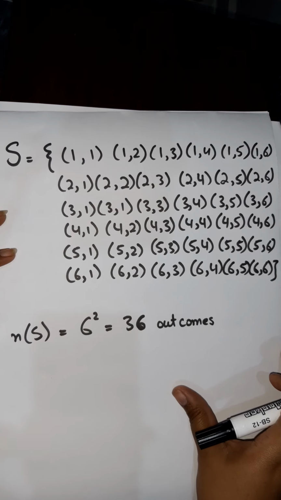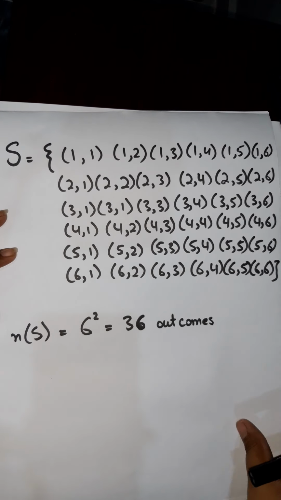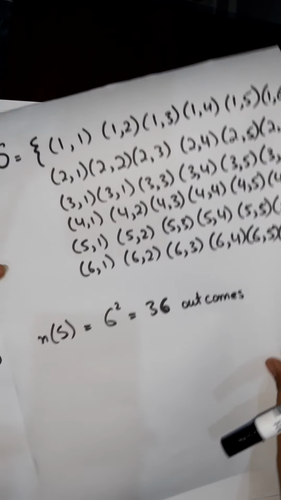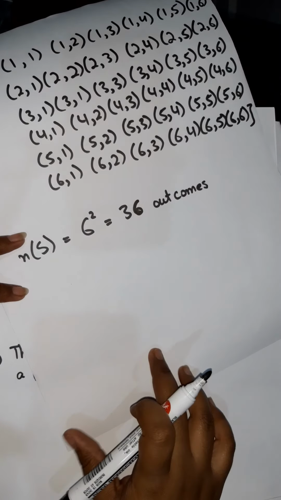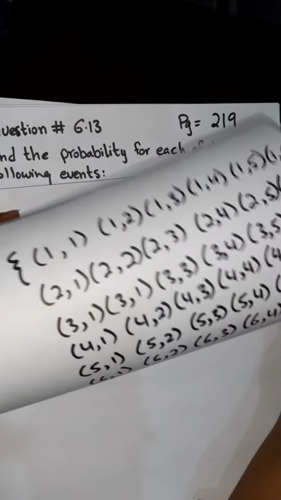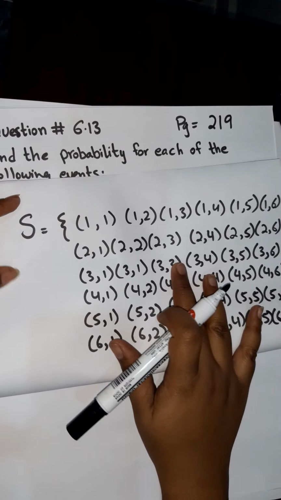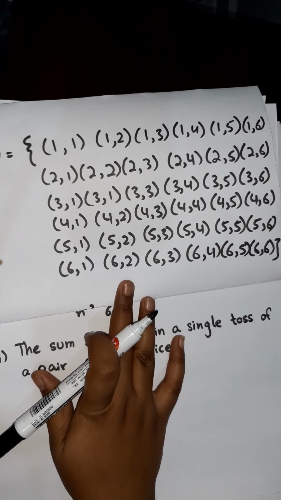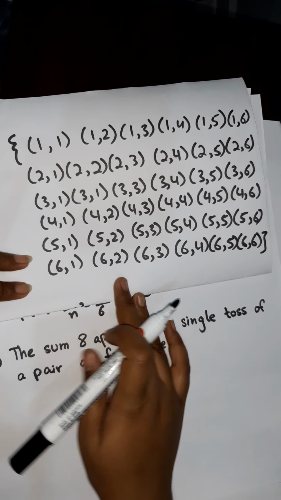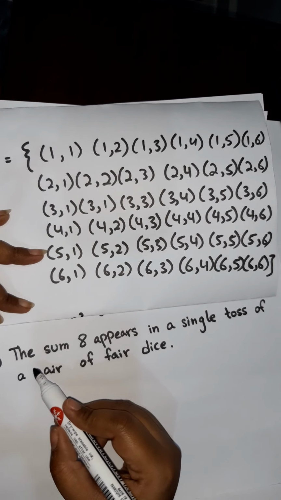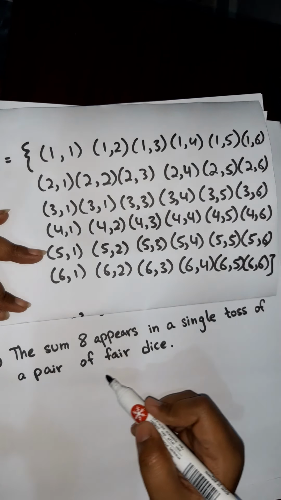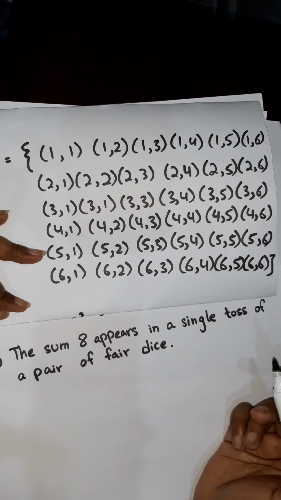So here we have the outcomes, and now what we are going to do in our question, okay. The second part says that the sum 8 appears in a single toss of a pair of fair dice.